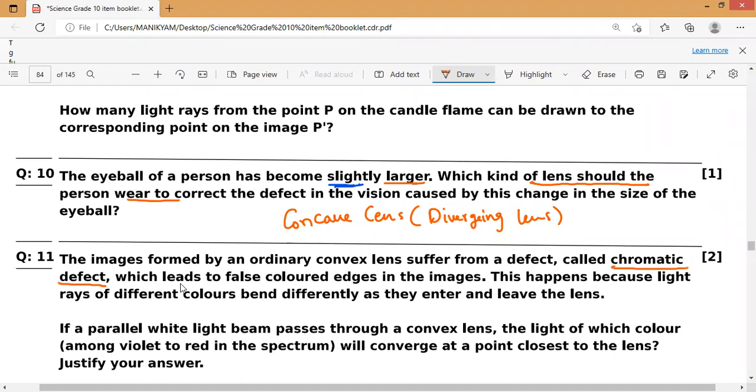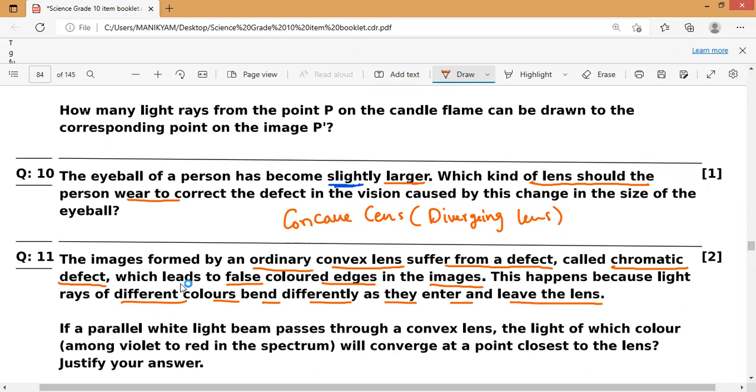Observe very carefully what they are saying: the images formed by an ordinary convex lens suffer from a defect called chromatic defect, which leads to false colored edges in the images. This happens because light rays of different colors bend differently as they enter and leave the lens.